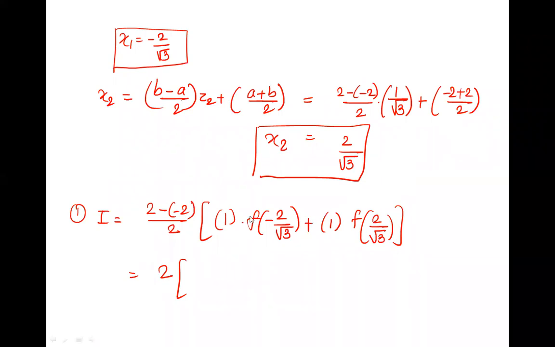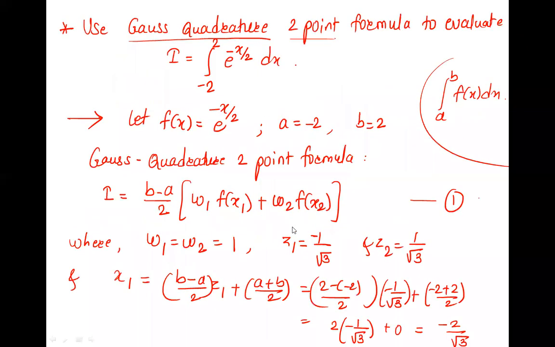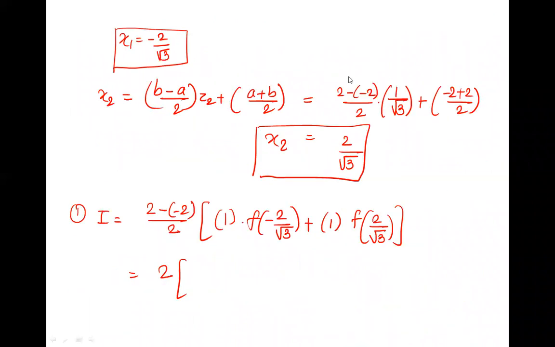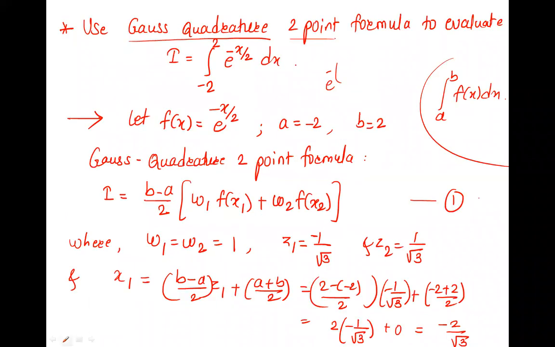What is the value of f of minus 2 by root 3? 1.78. You are doing this e raised to minus, minus 2 by root 3 by 2. So minus minus is plus 2 by root 3, divided by 2 means multiply by 1 by 2, so 2 cancels, e raised to 1 by root 3.